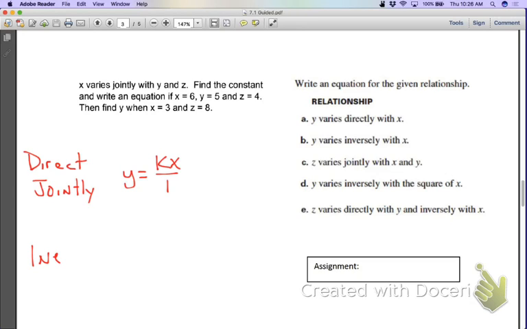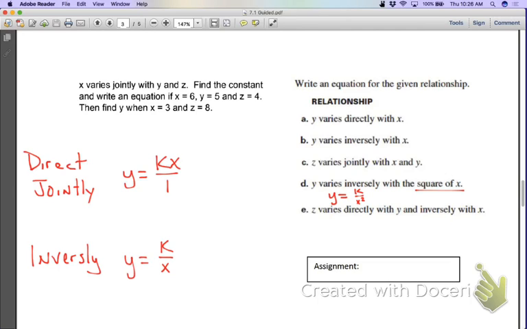Anytime it talks about something being an inverse or inversely, that just means my K is over something. So like where it says on D, Y varies inversely with the square of X. So Y equals, I'm always going to have a K, over the square of X, so X squared.